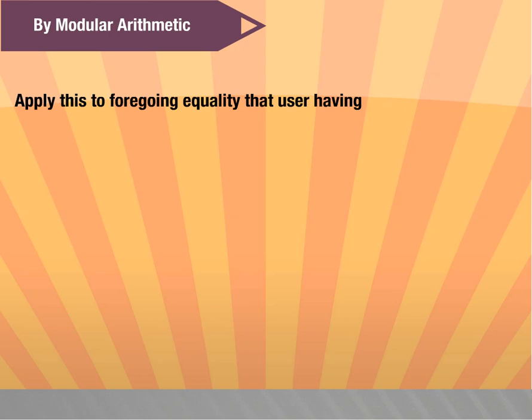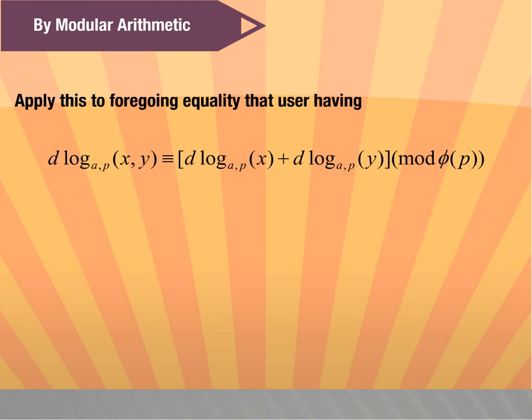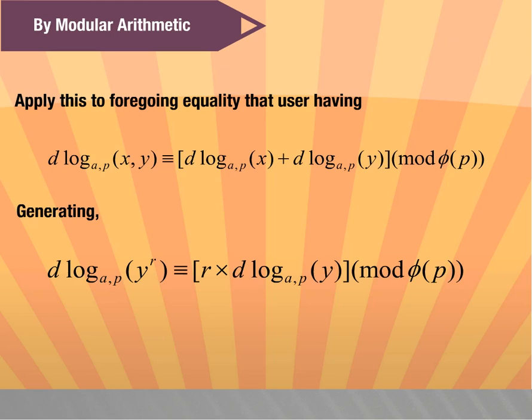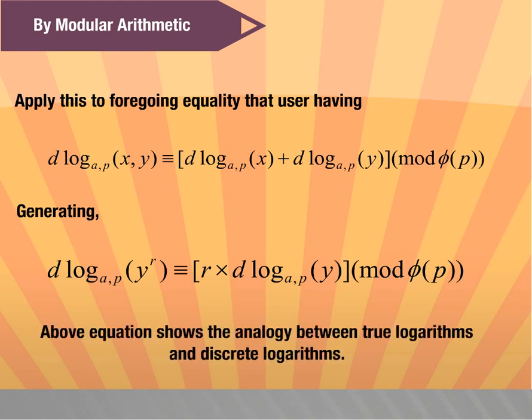Applying this to the foregoing equality, we have dlog to the base a comma p of xy, which is congruent to dlog to the base a comma p of x plus dlog to the base a comma p of y mod phi of p. Similarly, dlog to the base a comma p of y^r is congruent to r times dlog to the base a comma p of y mod phi of p. Logarithms. The above equation shows the analogy between true logarithms and discrete logarithms.